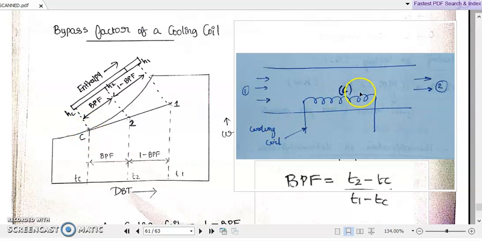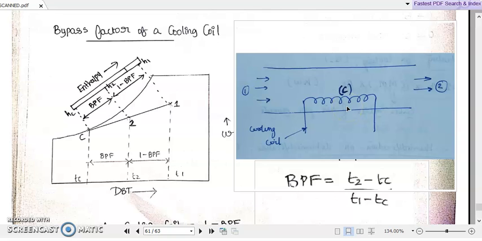Why are we representing it on the saturated line? Because in psychrometric terms, the surface temperature of the cooling coil is already at a very low temperature. Whatever air molecules come into contact with the surface of the cooling coil, their temperature will be drastically reduced, much below the dew point temperature, and those air molecules will experience dew formation.